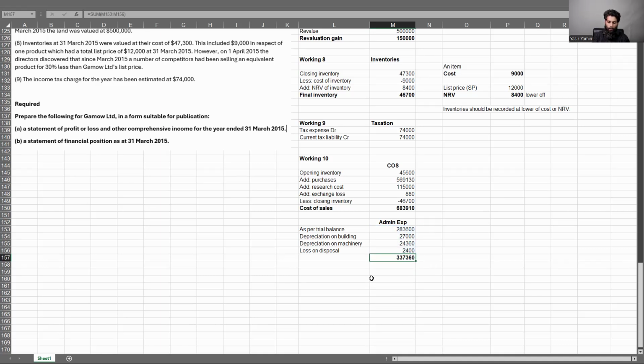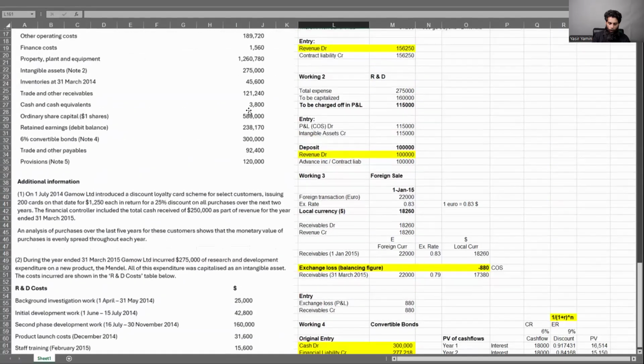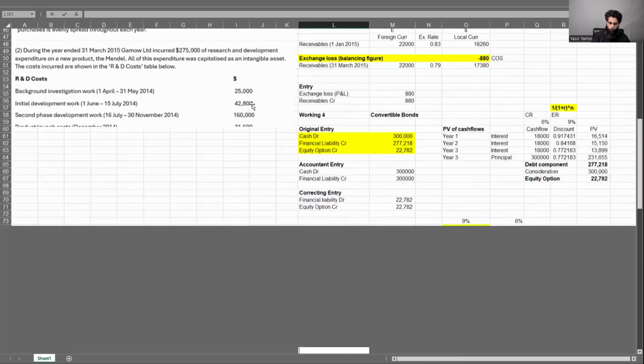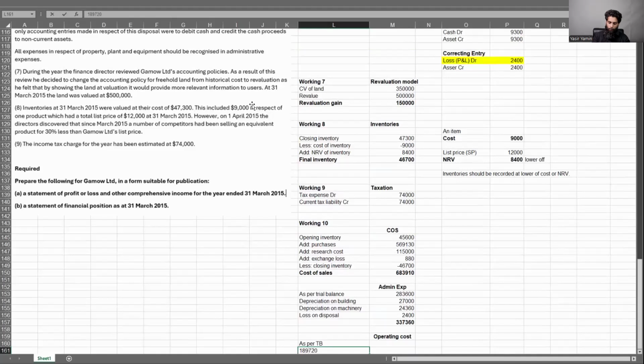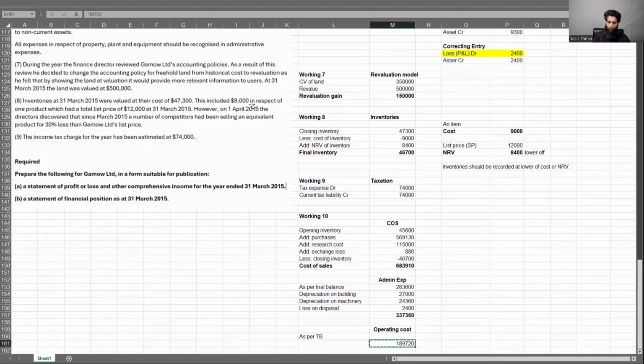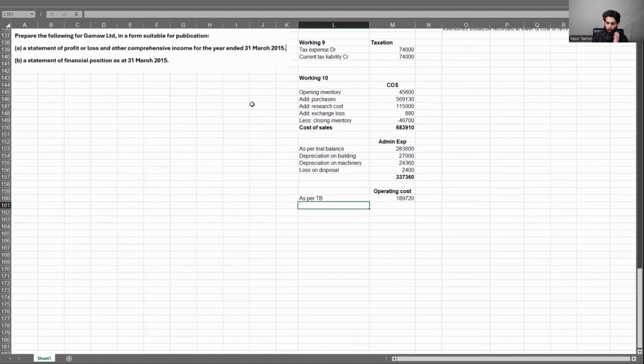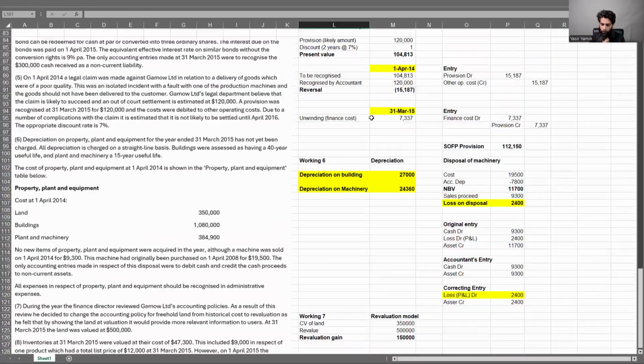The last working that we could do is of operating cost. We can start by saying what is as per trial balance: 189,720. This is the amount. Other operating cost had to be adjusted for this provision.